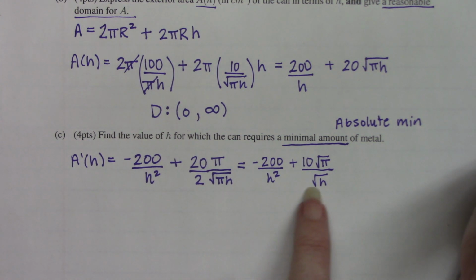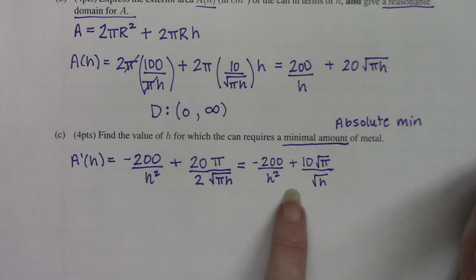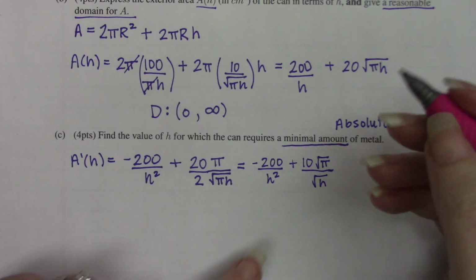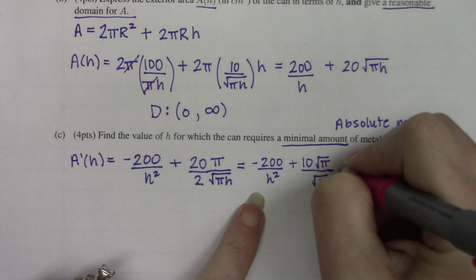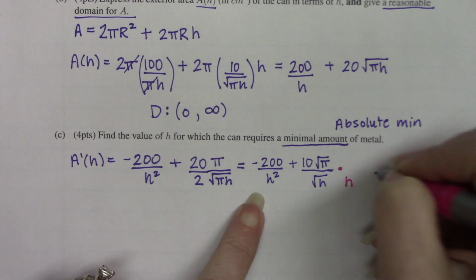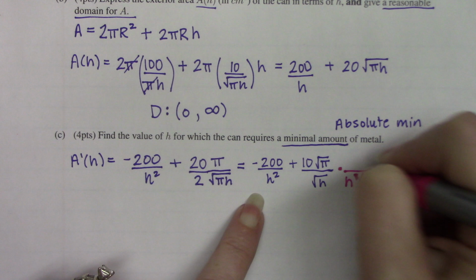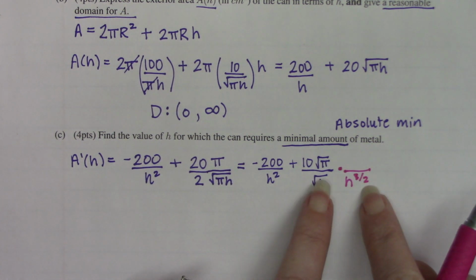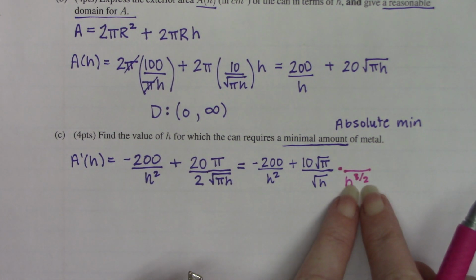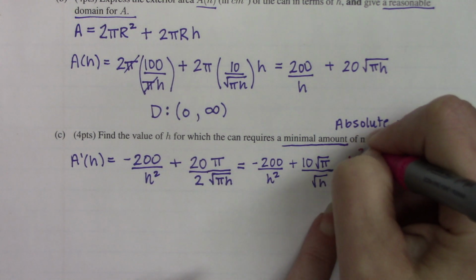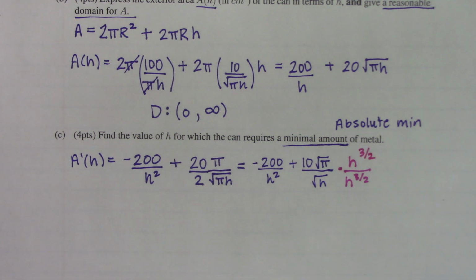So the common denominator is going to be h squared. For h to the 1/2 to get all the way up to h squared, we would need to multiply it by h to the 3/2, because you add exponents together. So 1/2 plus 3/2 is 4/2, which is in fact h squared. So then I also need to do this in the numerator.